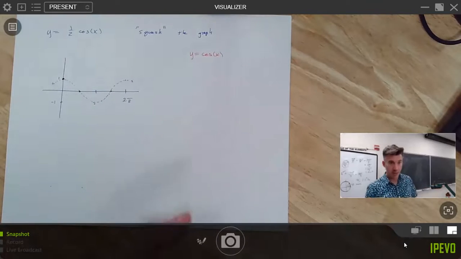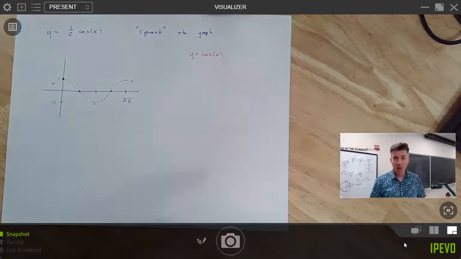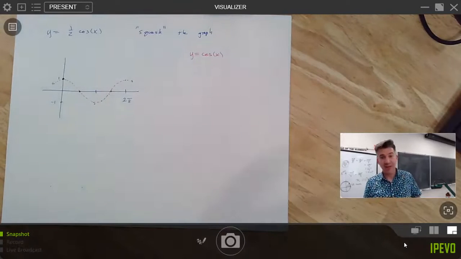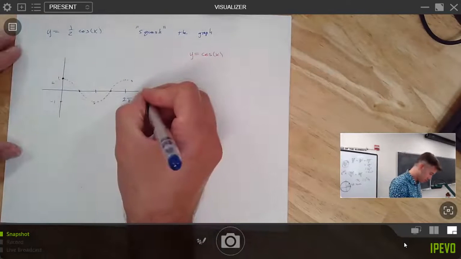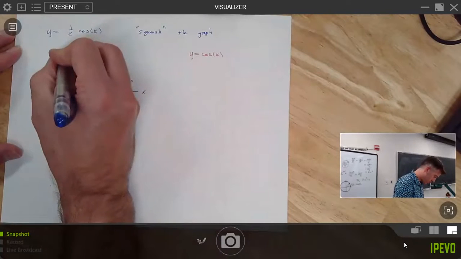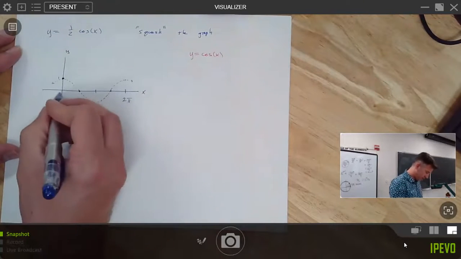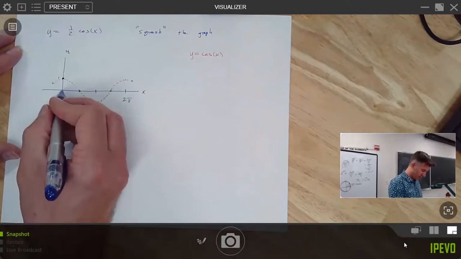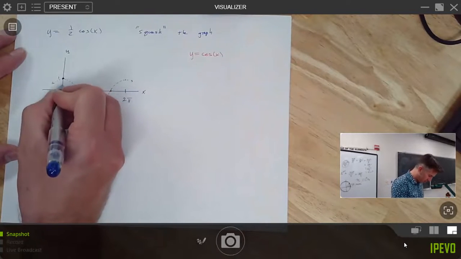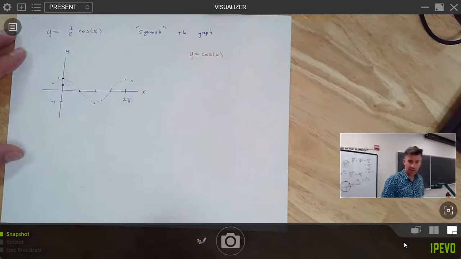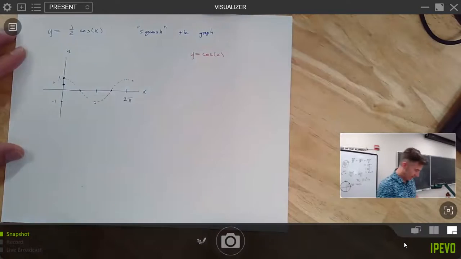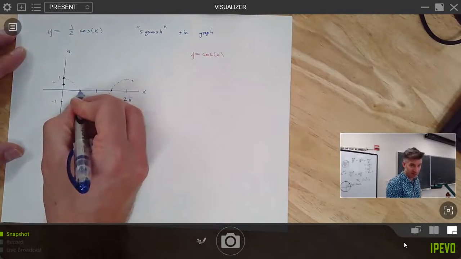Now, for 1/2 cosine, all the y values are going to be half of what they were. So at this first x coordinate of 0 radians, instead of having a y value of 1, we're going to have a y value of 1/2, because 1/2 is half of 1. And at the next one, half of 0 is 0.